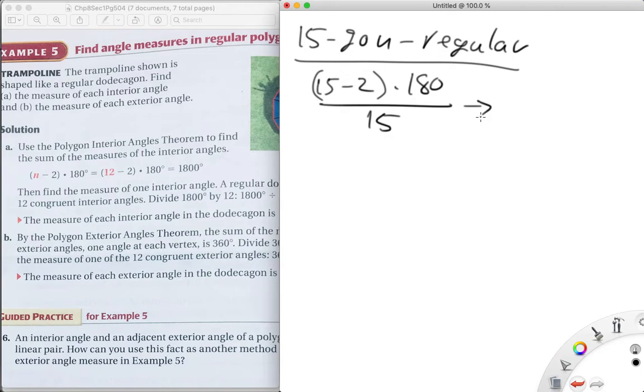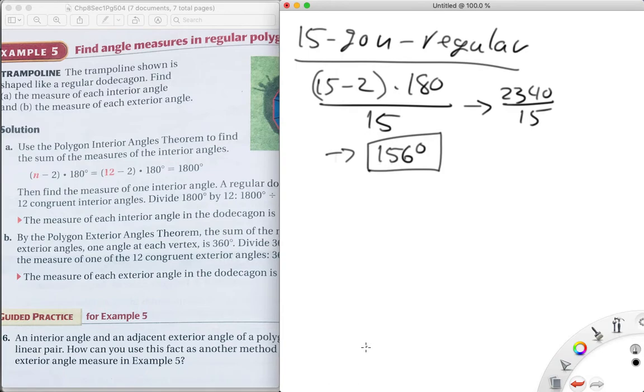So 13 times 180 would be 2340 over 15. And then one angle would be 156 degrees.